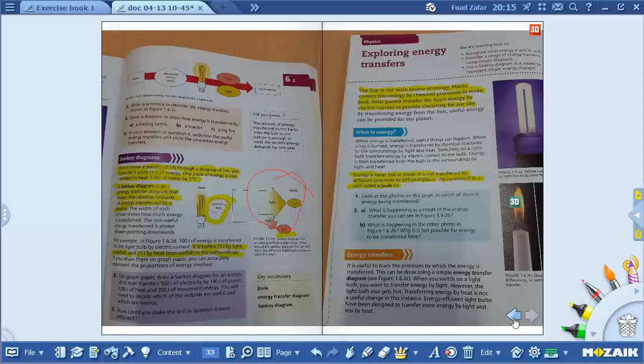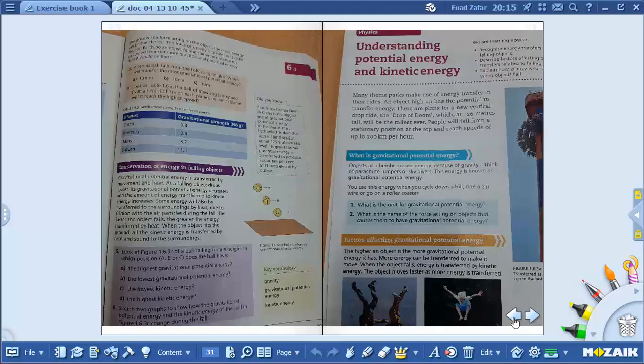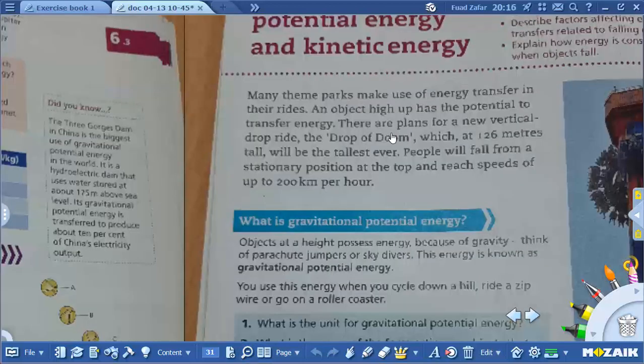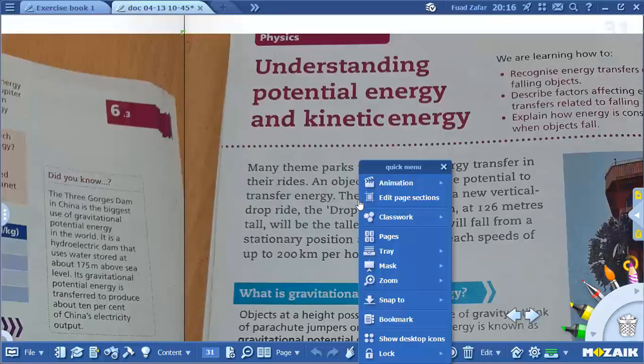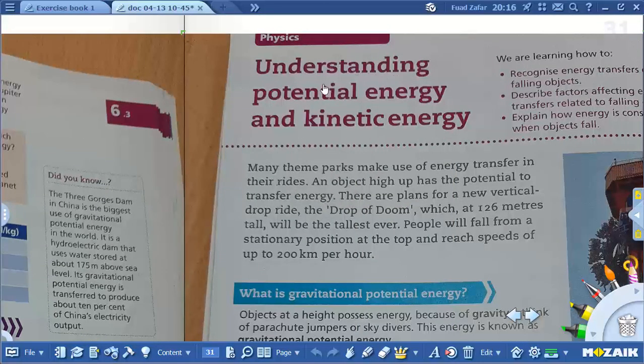Let's move to another topic. Understanding potential energy and kinetic energy. Many theme parks use energy transfers in their rides.